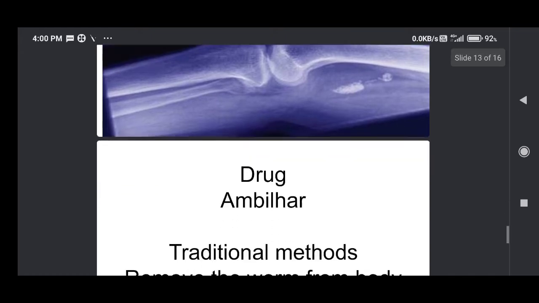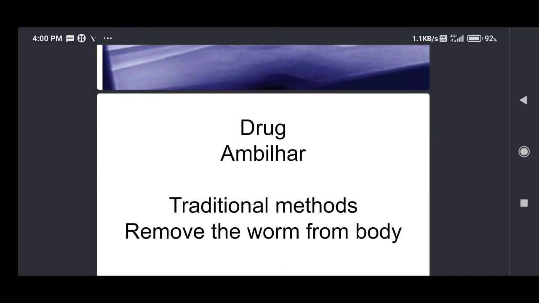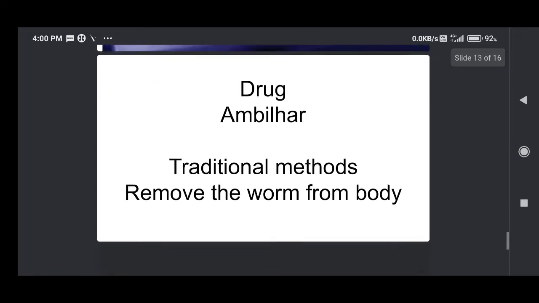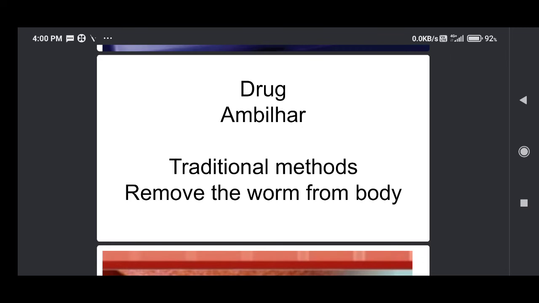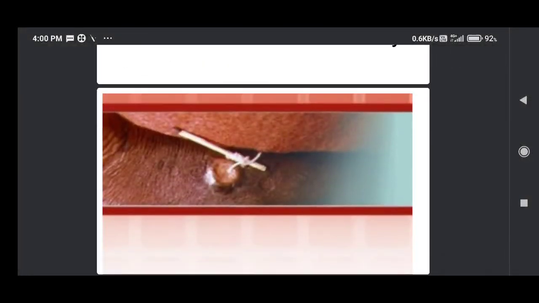And drugs: generally Ambilhar is a drug to control all parasitic stages of Dracunculus medinensis. The next one is traditional methods to remove the worm from the body. Here one traditional method is there. Whenever the blister is formed, the parasite emerges out from the blister.